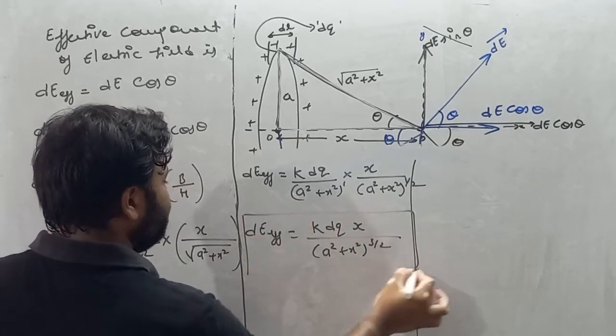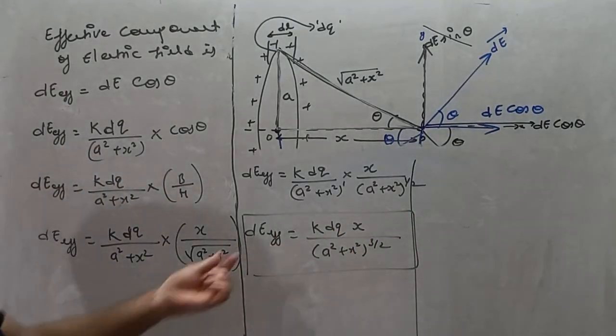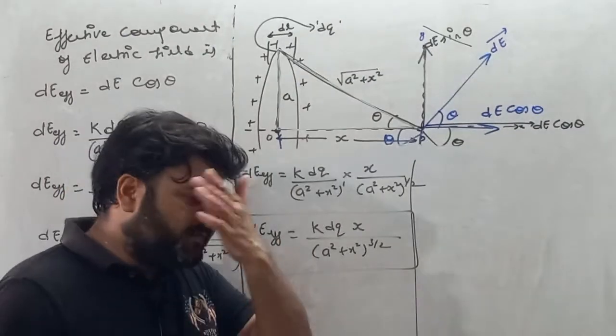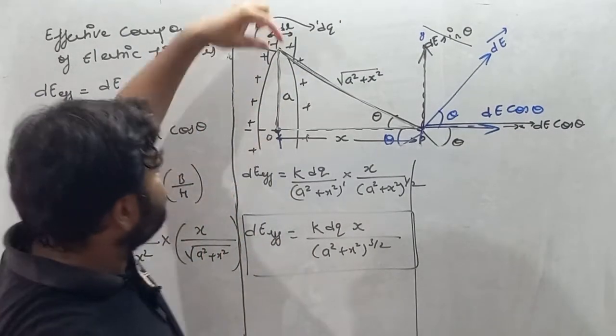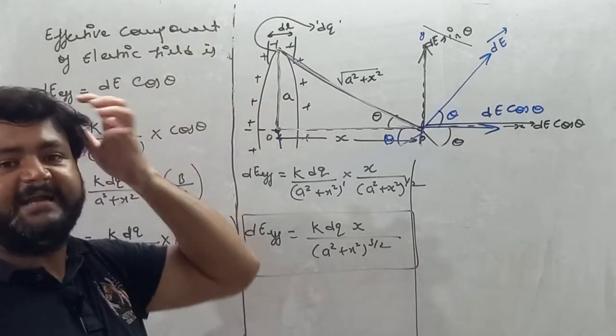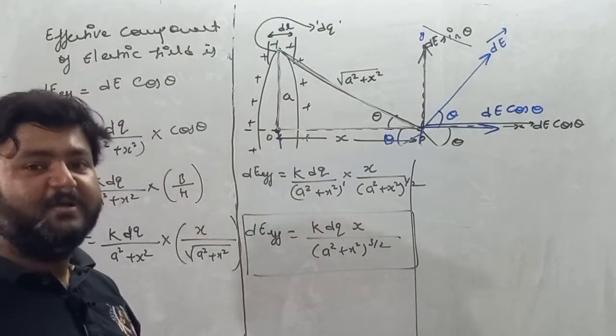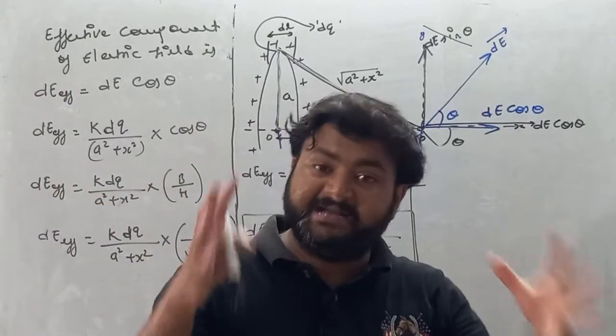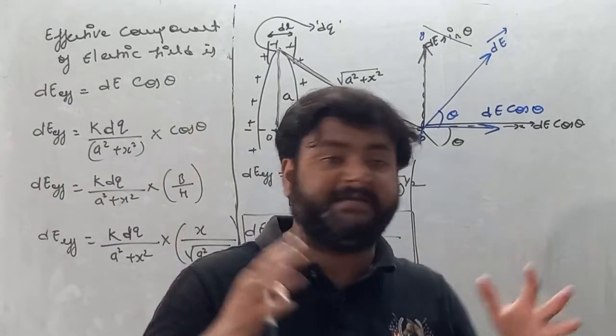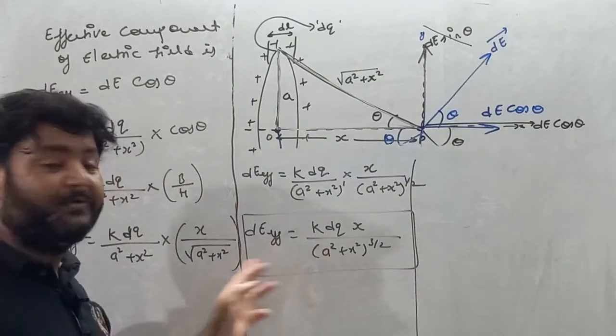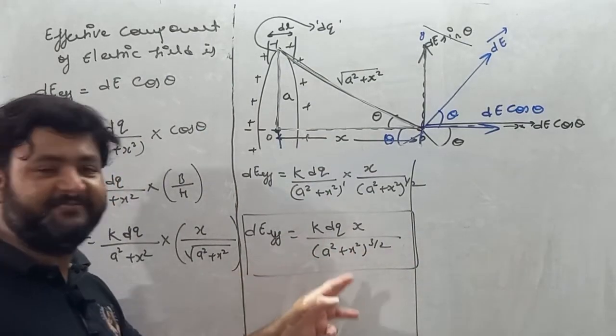Now, we know that this electric field is a very small electric field due to this very small charge dq, which is present on length dl. We are interested in finding the net electric field due to the whole ring. So what do we have to do? We have to integrate this electric field.